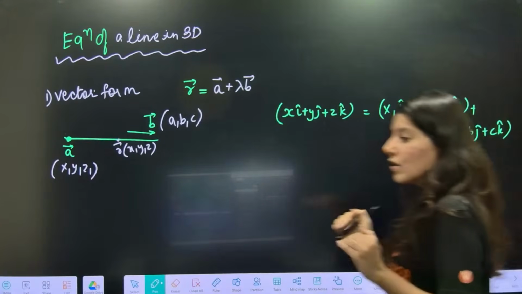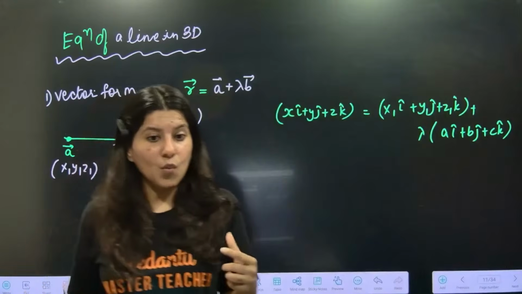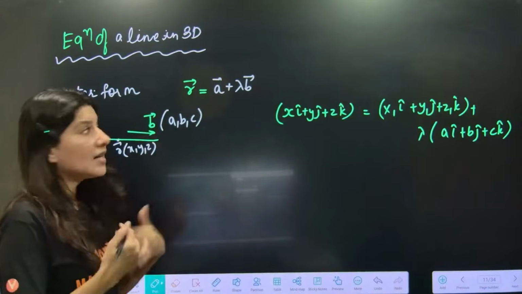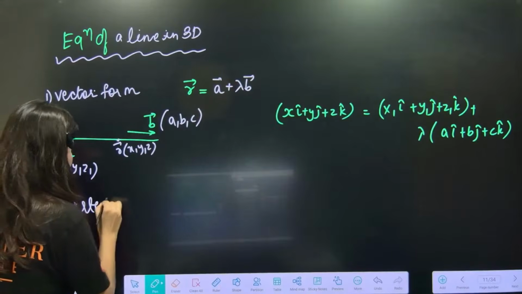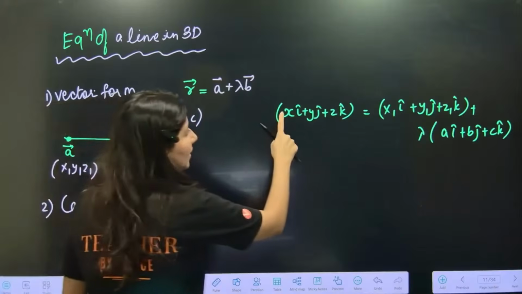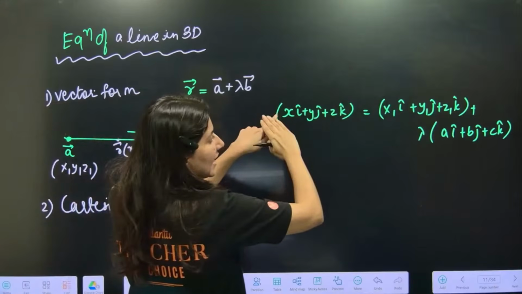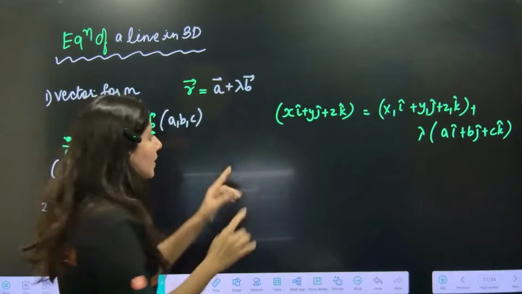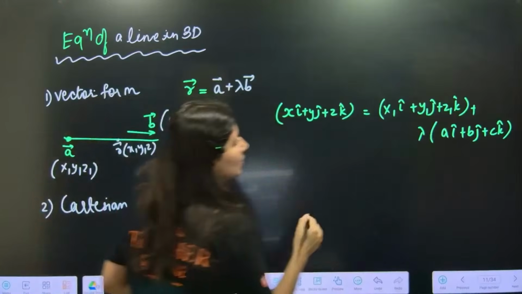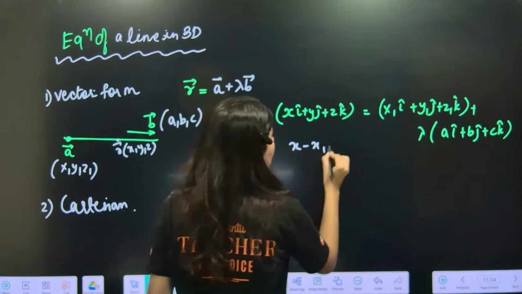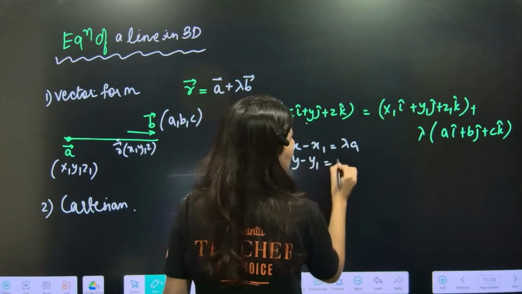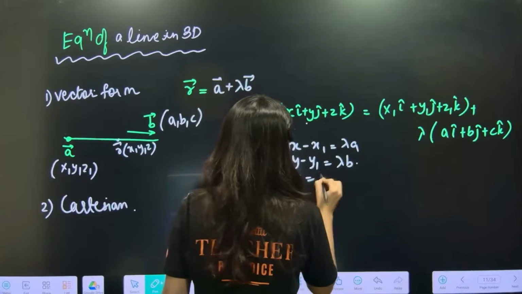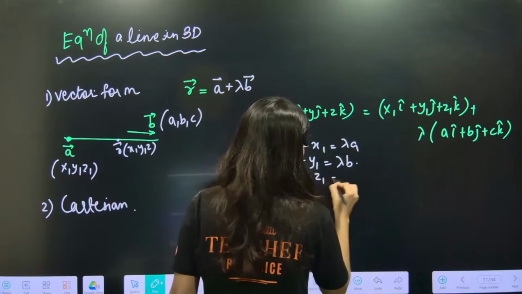Now if you compare, you know what you will get? You will get the Cartesian form. So now the Cartesian form comes into the picture. From here, compare only i cap: x minus x1 is equal to lambda a. Similarly, y minus y1 is equal to lambda b, and z minus z1 is equal to lambda c.